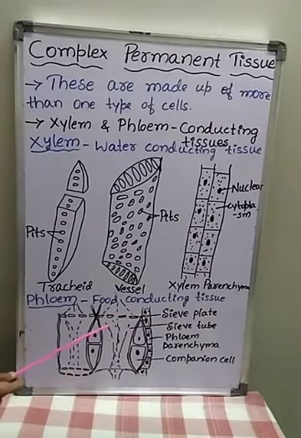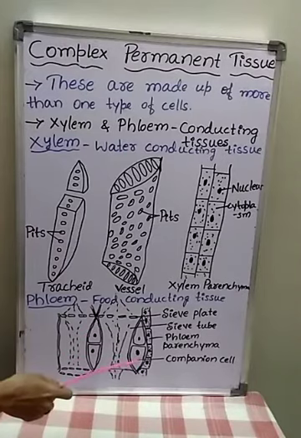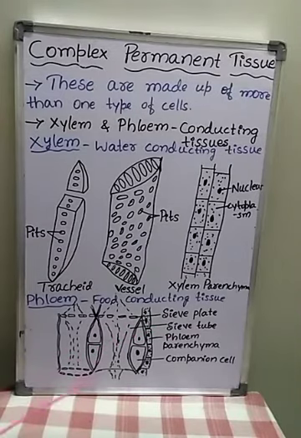See, this is the sieve cell, and sieve cells form sieve tubes. Many sieve cells are arranged one above the other, and that forms a sieve tube. One more type of cell is the companion cell. The last ones are phloem parenchyma and phloem fibers.